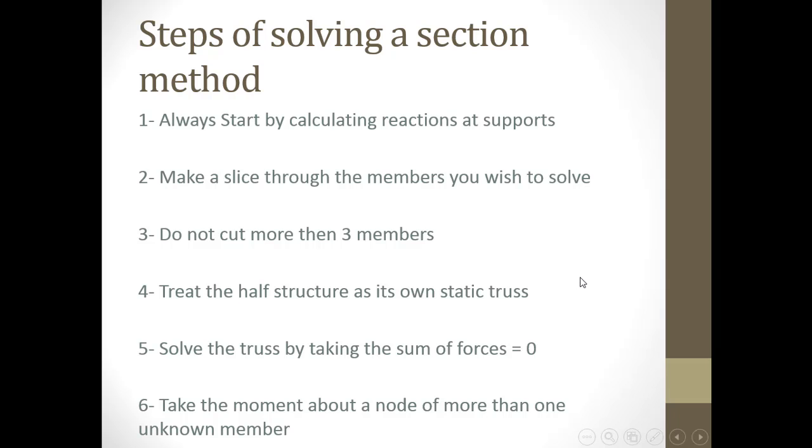Fourth, treat the half structure as its own static truss. Fifth, solve the truss by taking the sum of forces equal to 0. Sixth, take the moment about a node of more than one unknown member.